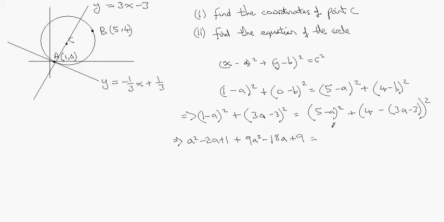And then the right hand side, first term squared, 5 squared is 25, plus twice the product, so 2 times 5 times minus a is minus 10a, plus (minus a) all squared gives us plus a squared.